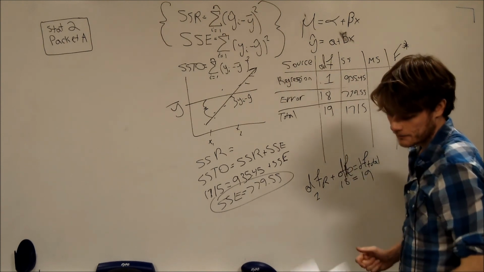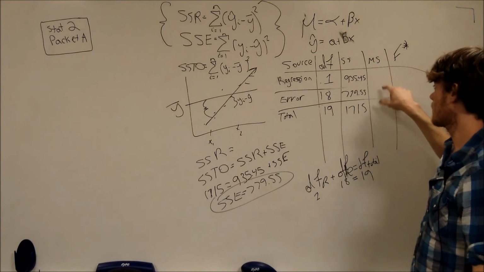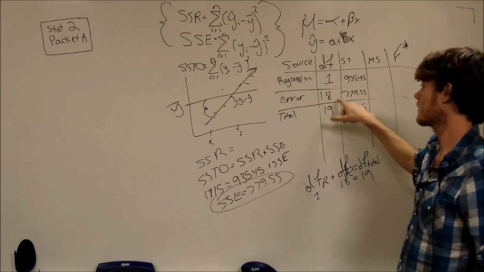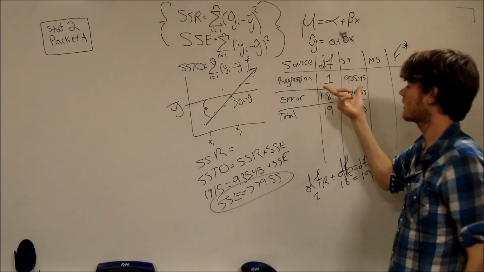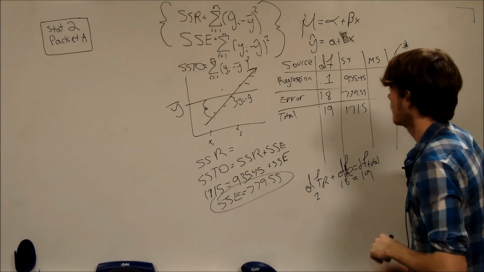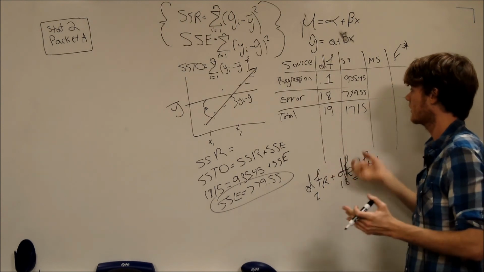Okay, now to find these mean square errors, which is the ratio we're going to create, we basically have to divide by the number of degrees of freedom. Like, if you think of the regression as one equation, you're observing one thing. That's why it's 1 degree of freedom, and you have 18 possible degrees of error.